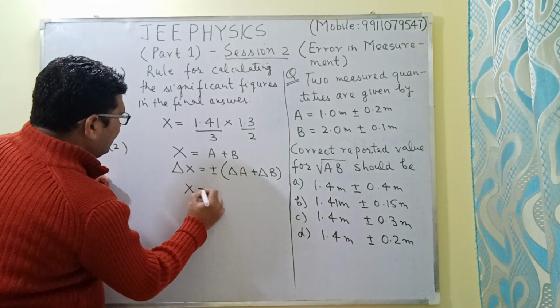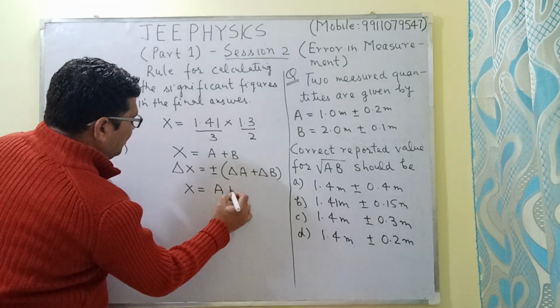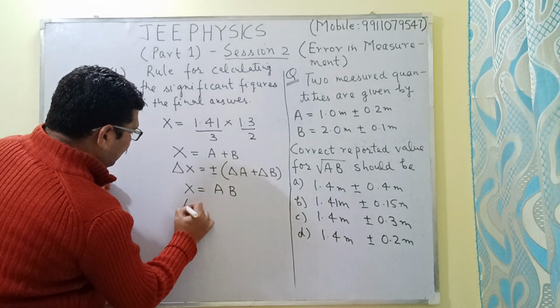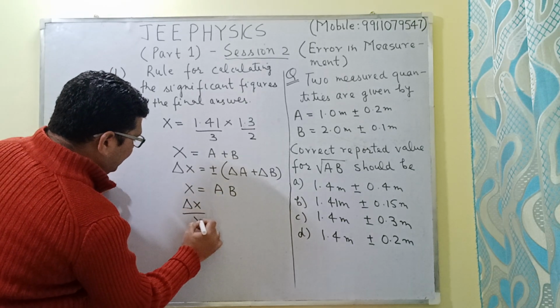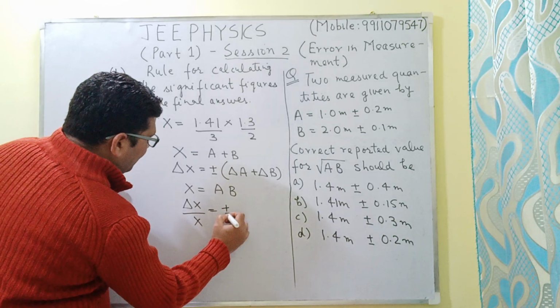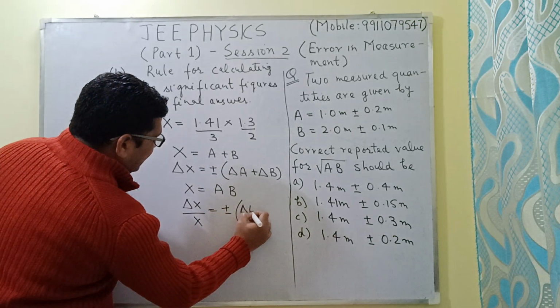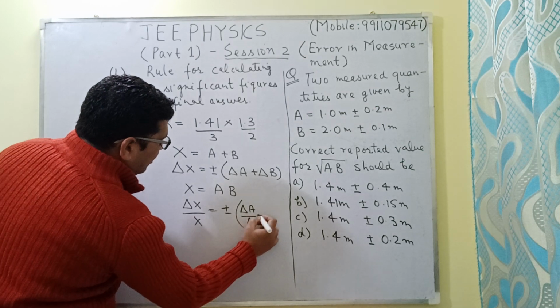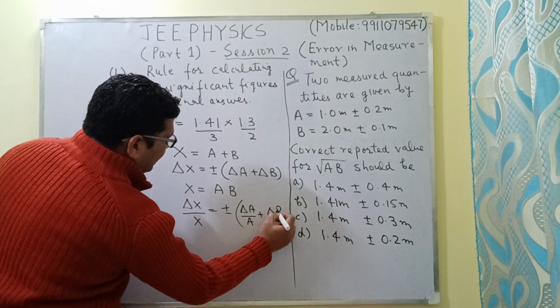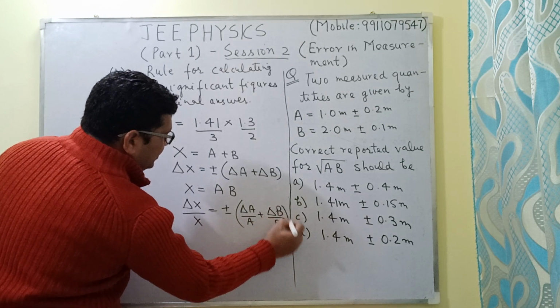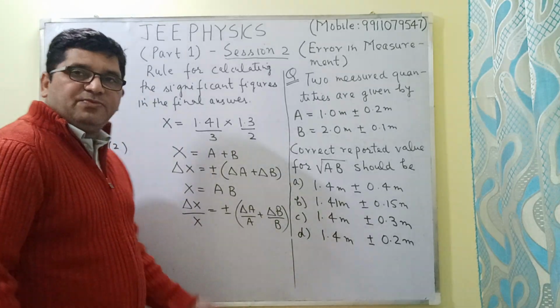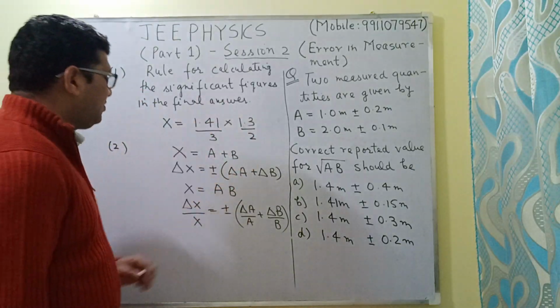Similarly, if x is equal to a into b, then delta x upon x is equal to plus minus delta a upon a plus delta b upon b. This is the second formula which we have studied under the heading of combination of errors.